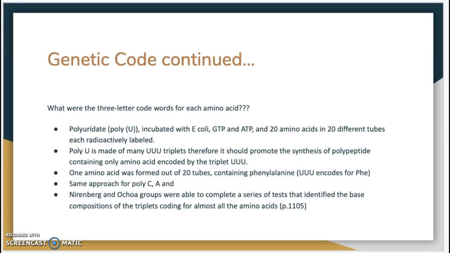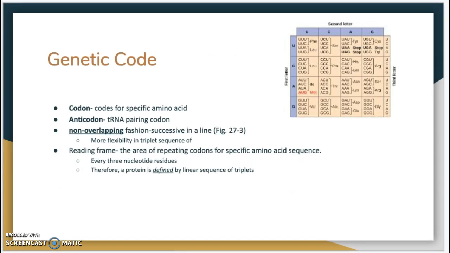In this case, they used poly U and found that it encoded for phenylalanine. So here up in the top right hand corner we have the genetic code, and this is a series of the codons or the triplets that correspond to their specific amino acid.